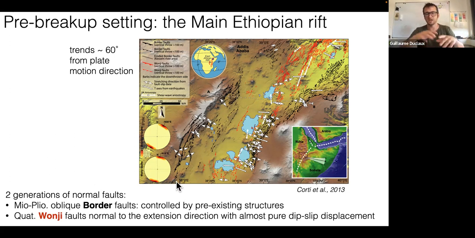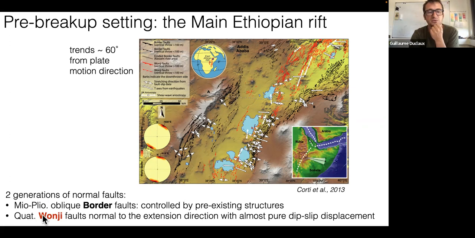But overall, if I oversimplify this system and don't look for any kind of volcanic activity, we've got two generations of normal faults, right? There's the border faults, which are shown in black in here, which tend to be oblique faults, and they seem to be controlled by pre-existing structure, or they tend to link at least maybe the IAIFR hotspot and some depression further south.